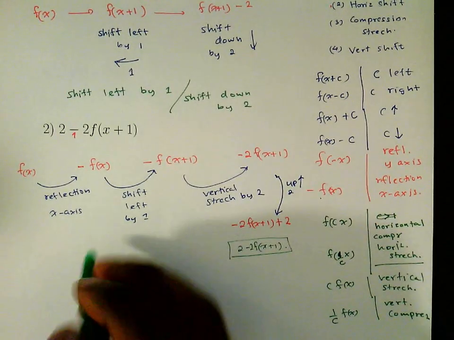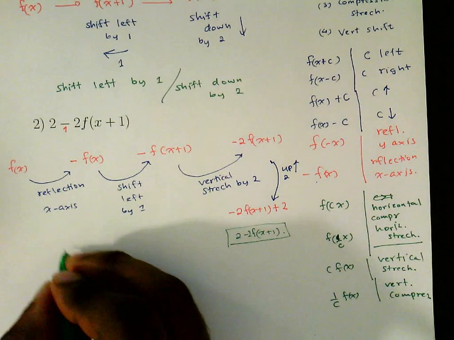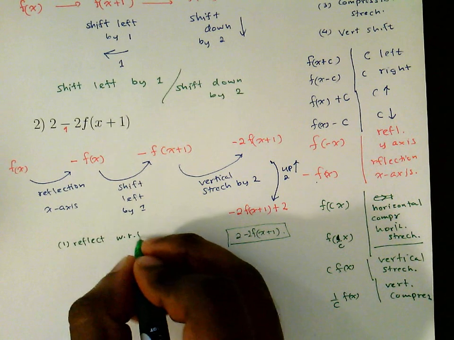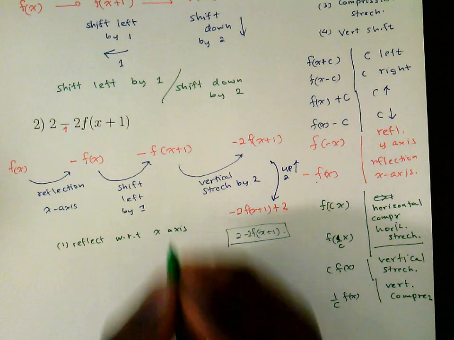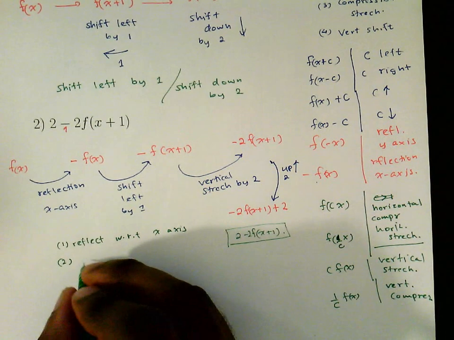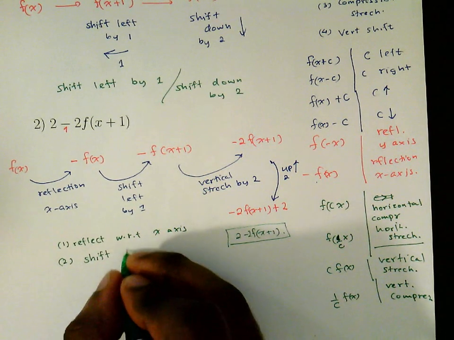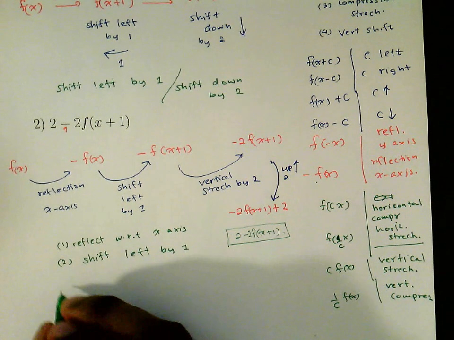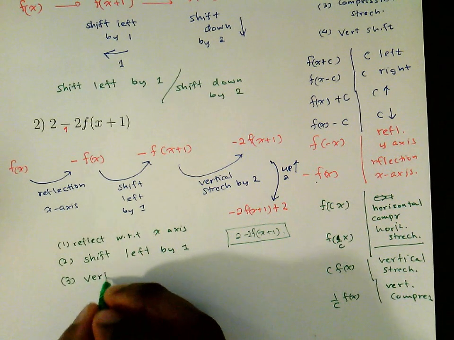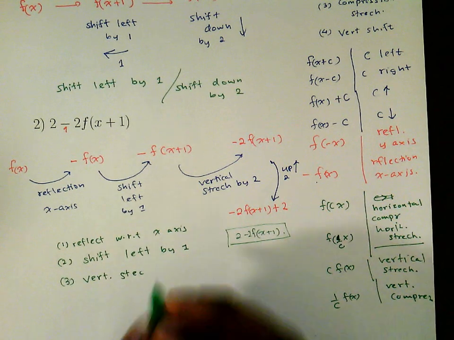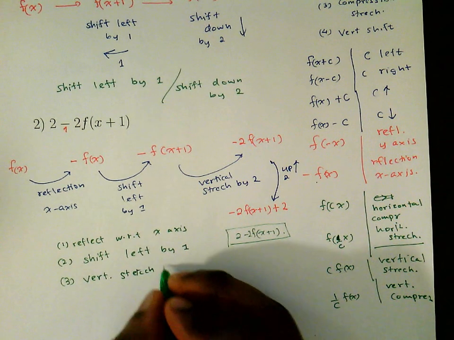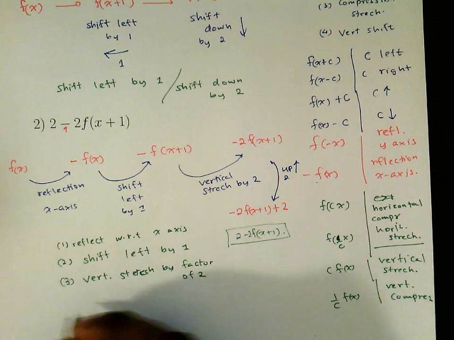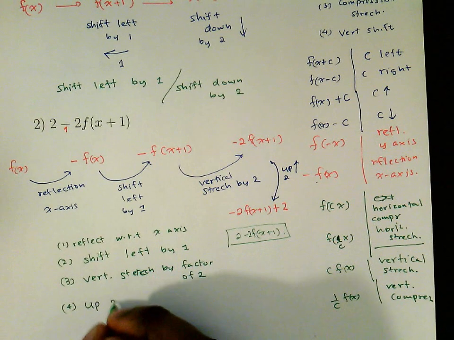So the order of transformations is reflect with respect to x-axis, shift left by 1, vertical stretch by factor of 2, and lastly up 2.